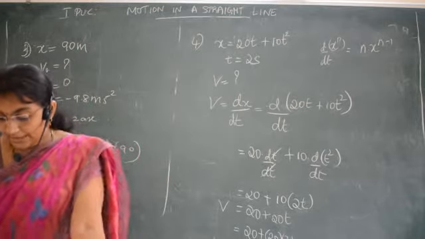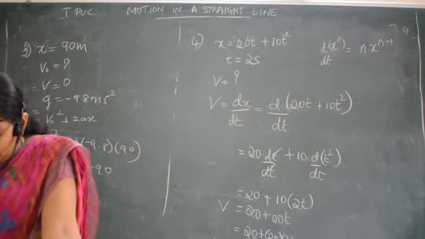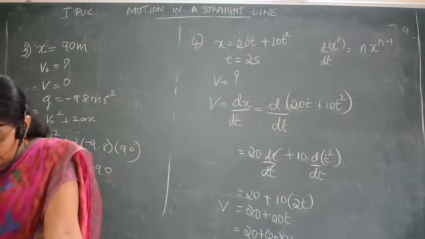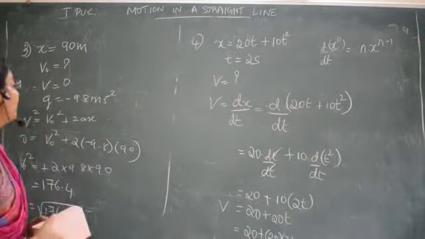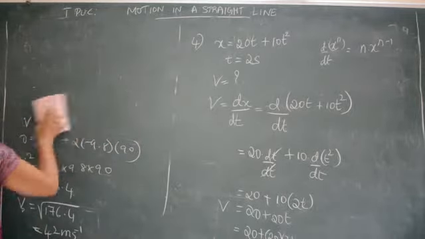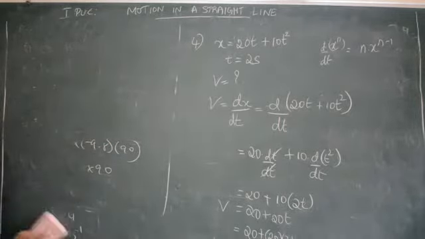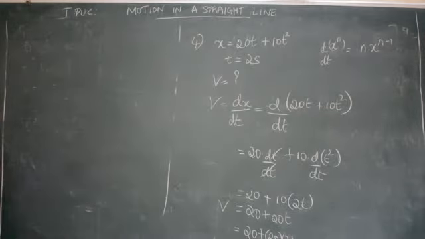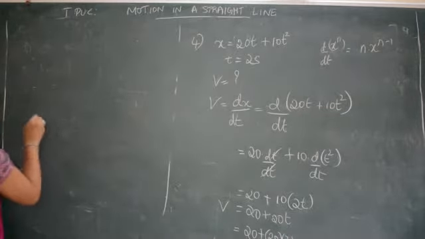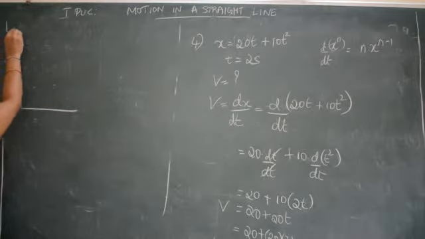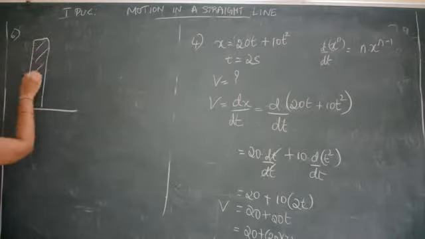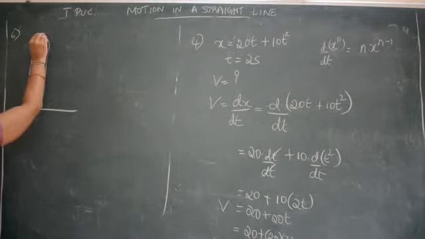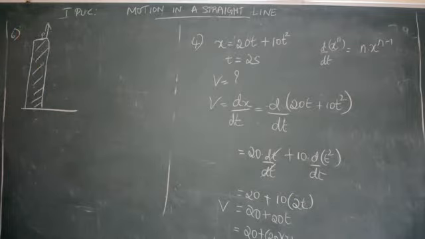Okay. See here, a ball is thrown vertically upwards with a velocity from the top of a building. So, the person is standing on the top of a building. Let us draw one rough diagram. Correct?